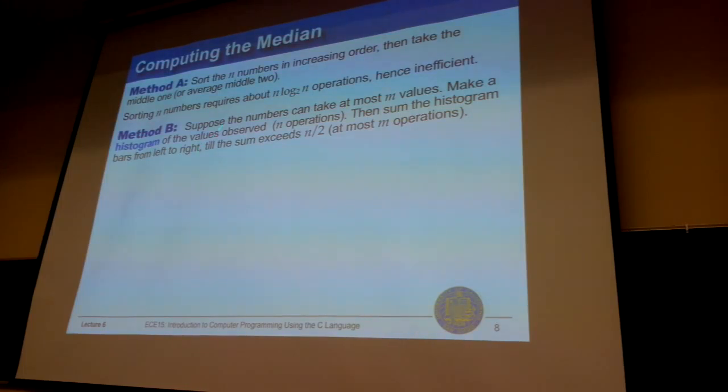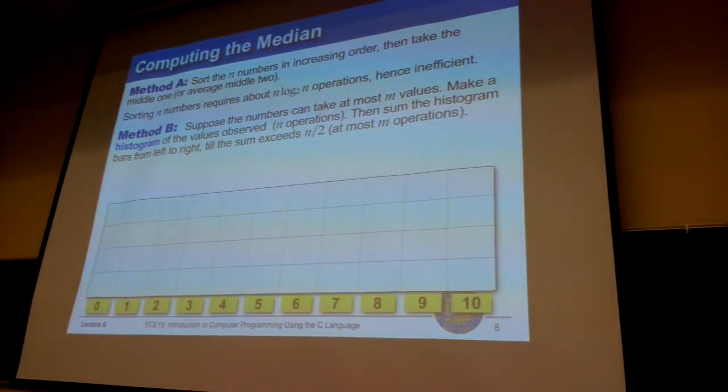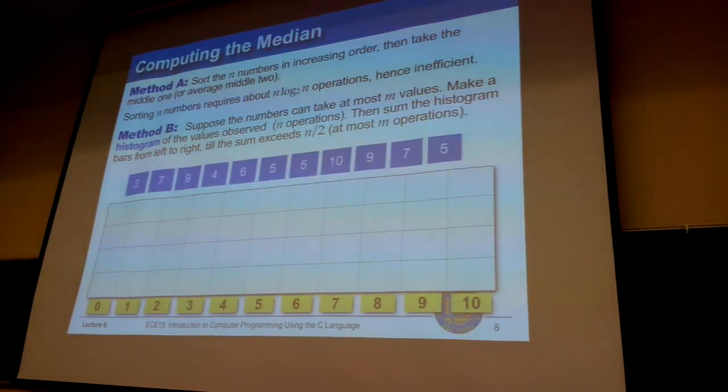But let's focus on the second method, because we can make use of arrays to implement it. Let's set up a histogram. Here we're bounded in terms of our input values: the values can only go from 0 to 10 as integers. Say we have a set of elements being input and we want to build that histogram.